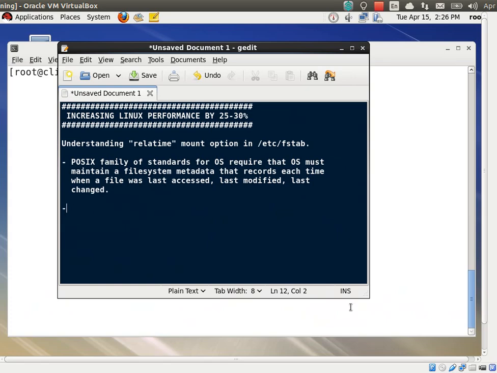So I can write here, right? Okay. So the access time is called atime, A for access, the creation time, or say the modification time, is called mtime, that is M for modification.